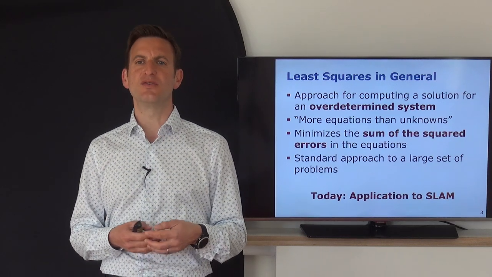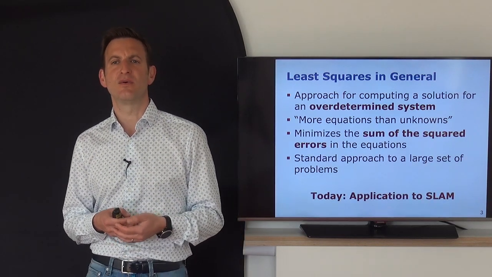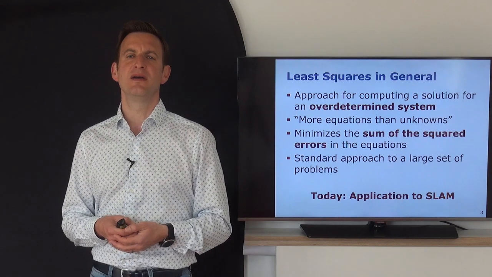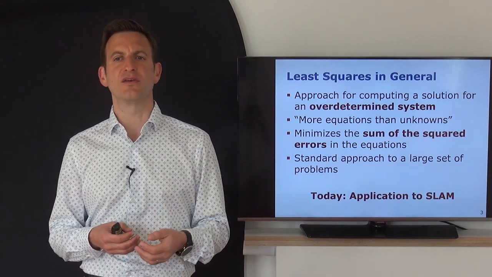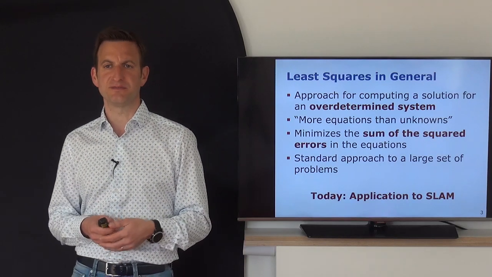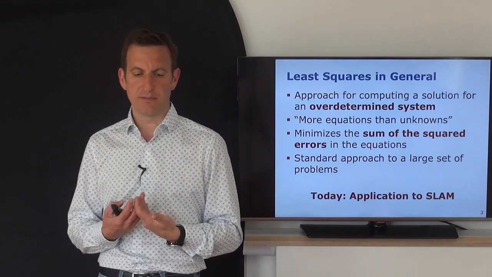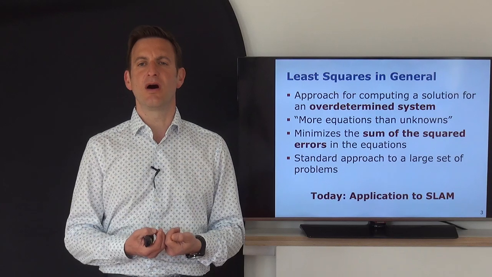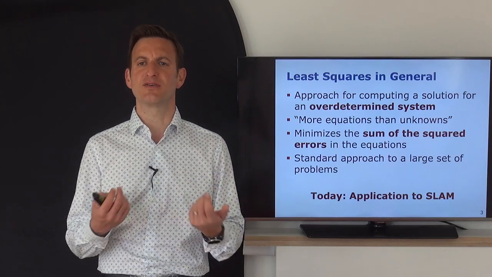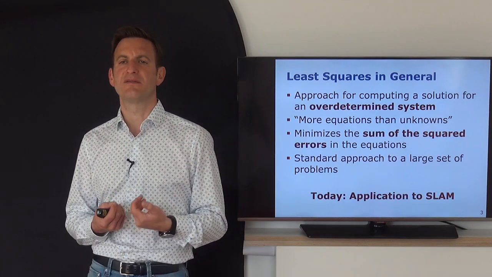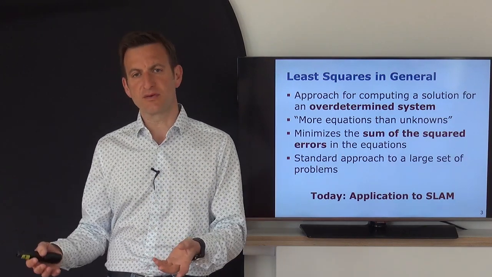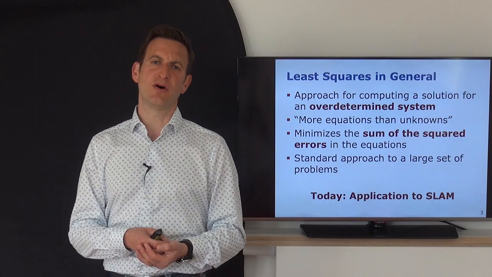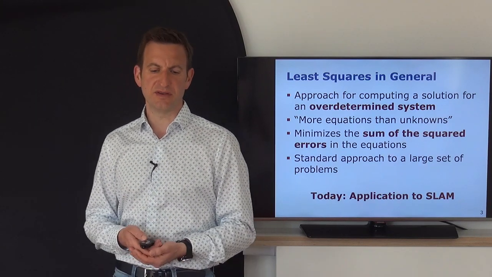Our goal is to find a configuration for those poses, for that pose graph, that minimizes the sum of the squared errors introduced by those equations, by the observations, so that we have a configuration of these parameters or of these nodes in our graph that allows us to estimate where the robot is, so that the current configuration is as good as possible in line with what we have seen or experienced.